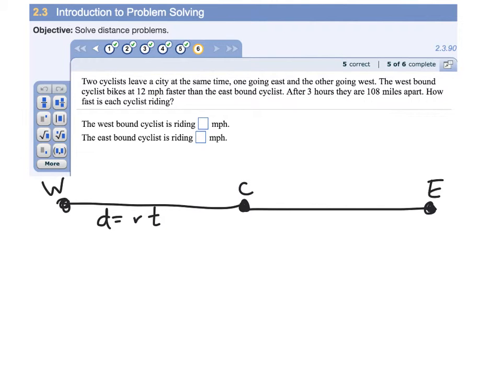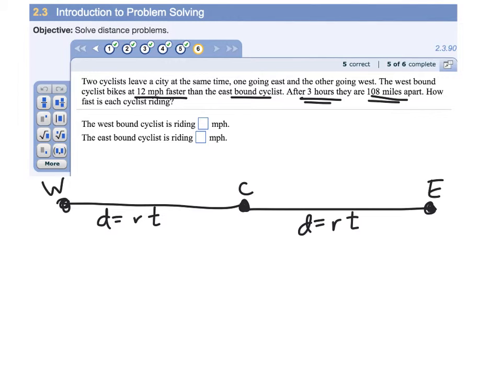He's traveling 12 miles an hour faster than the eastbound cyclist. And then the eastbound cyclist is d equals rt as well. Now it says after 3 hours, they are 108 miles apart. So what does that mean?